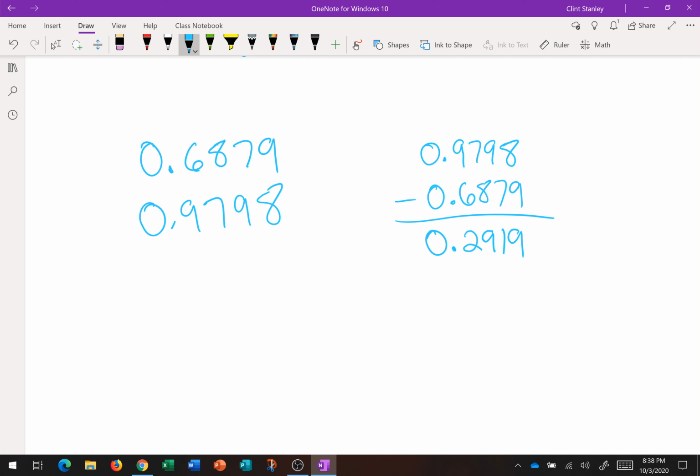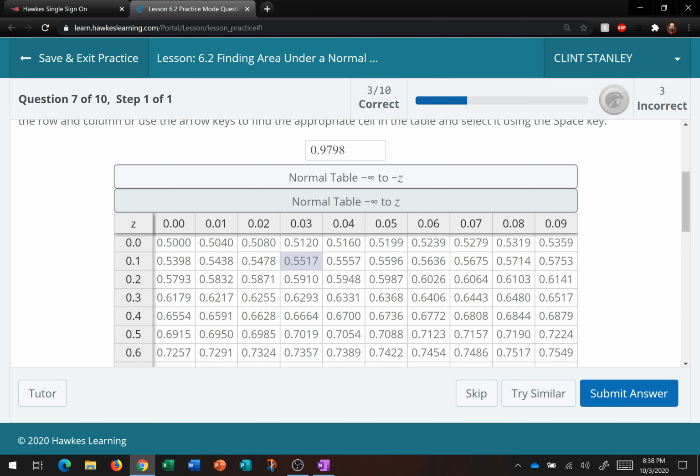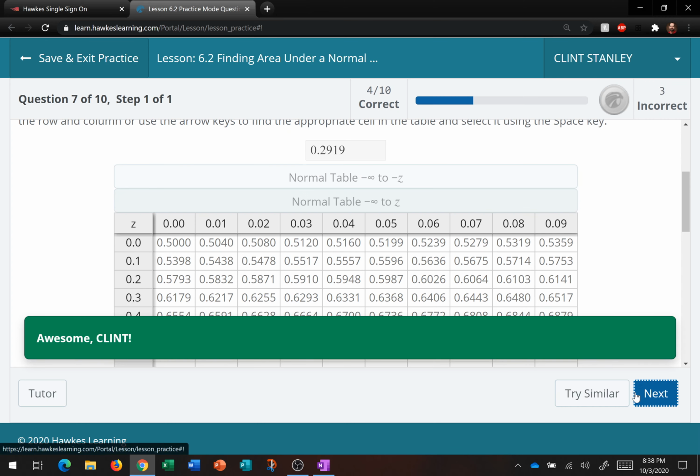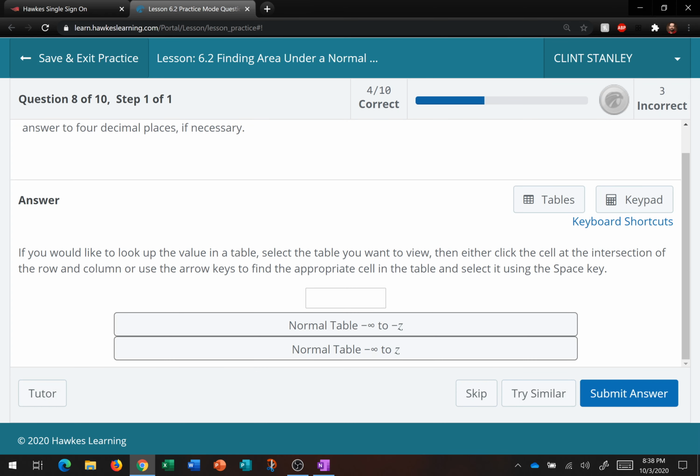And that should be our answer if I looked at the table correctly. So, 0.2919. I missed my decimal. Let's try that. Okay, there we go. Sorry if you heard the dog barking there.